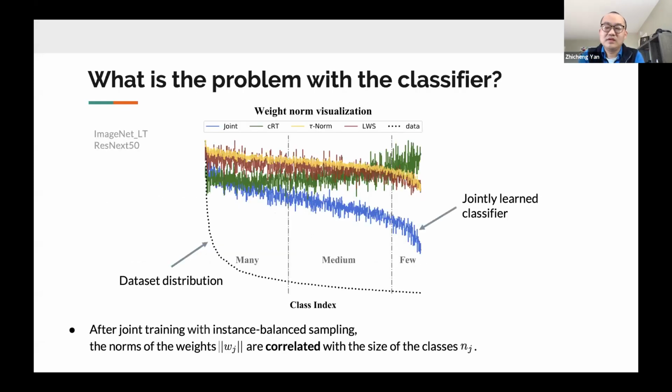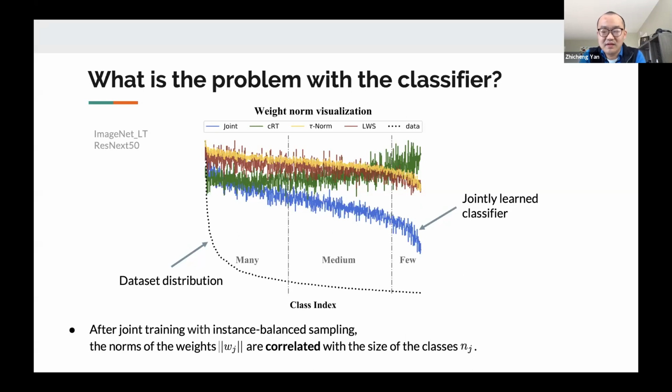So what's the problem in the baseline training? We ran experiments where we jointly train a ResNeXt-50 model along with the linear classifier, using joint training in a single stage. After training, we visualize the norm of the weights of the linear classifier, and we find there's a strong correlation between the norm of the weights and the size of the classes.